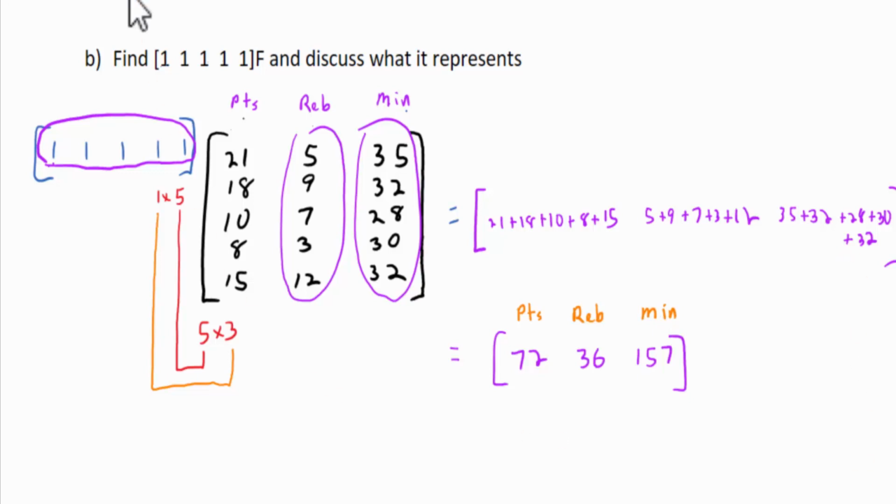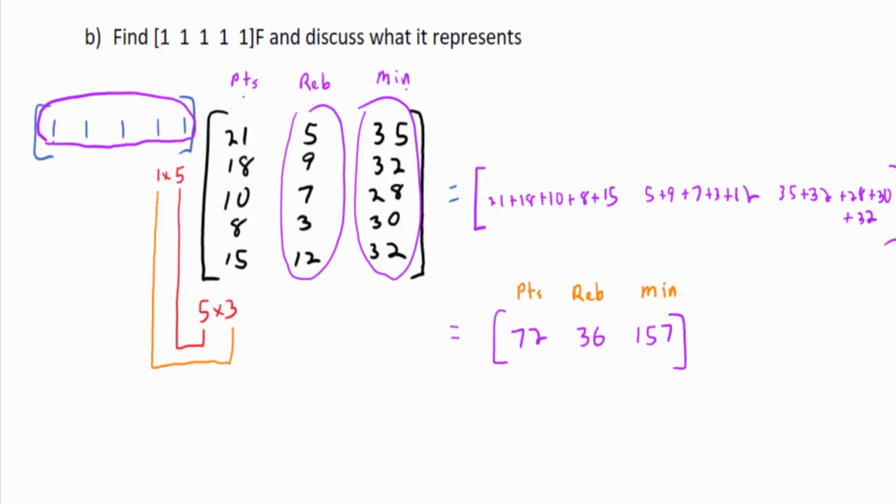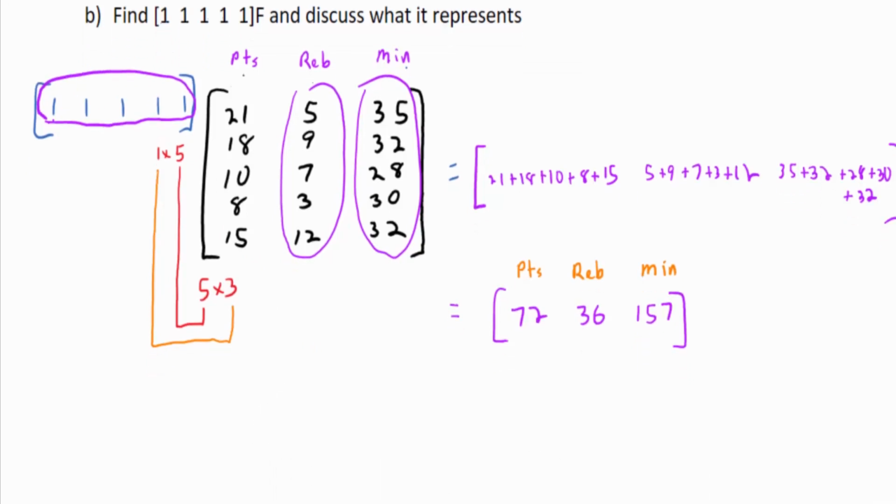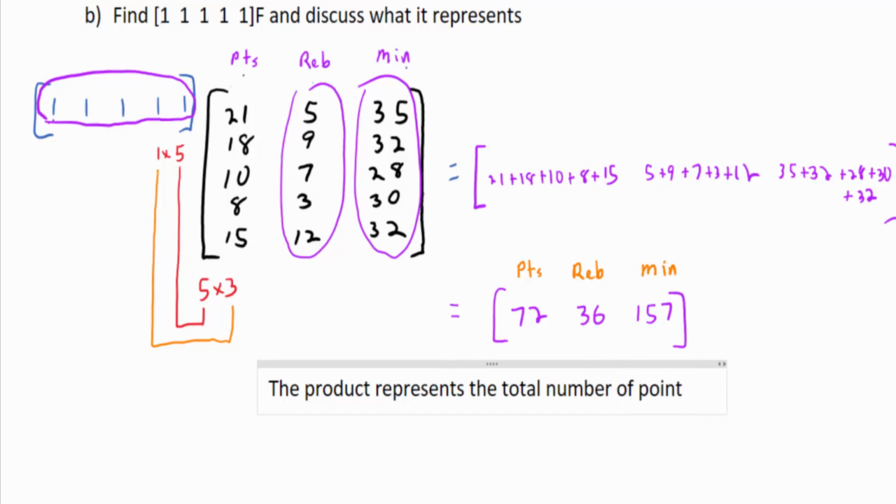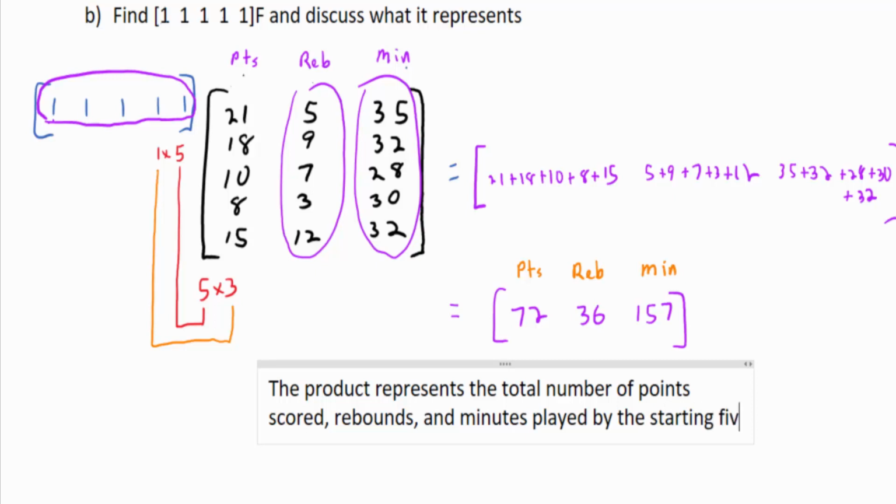So how would you summarize that? So the product represents the total number of points scored, rebounds, and minutes played by the starting 5 in what?